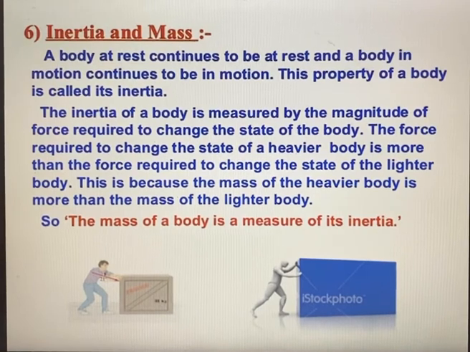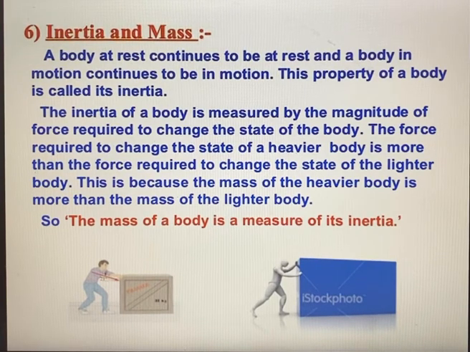What is inertia and mass, and what's their relationship? A body at rest continues to be at rest, and a body in motion continues to be in motion. It is called inertia, you already know. Okay, the inertia of a body is measured by the magnitude of force required to change the state of the body.